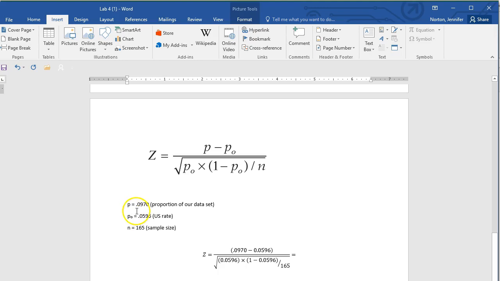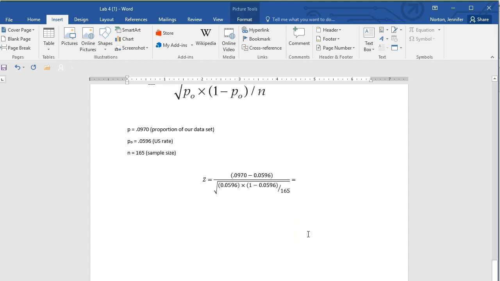Our proportion is 0.0970. The US rate, which is P0, is equal to 0.0596, and our sample size is 165. So here we will do those calculations, and let me see if I can do some quick calculations, or if I have it written down here.